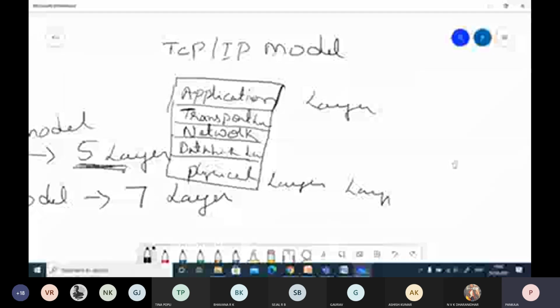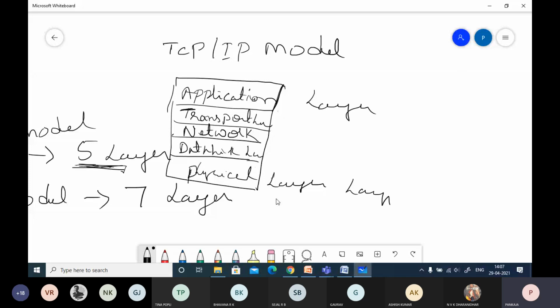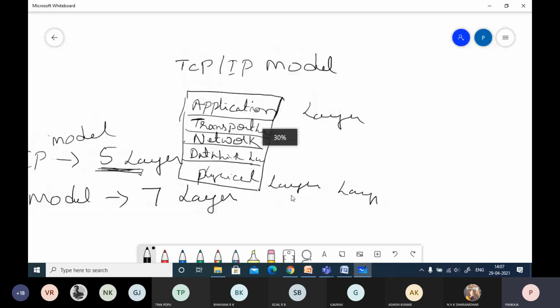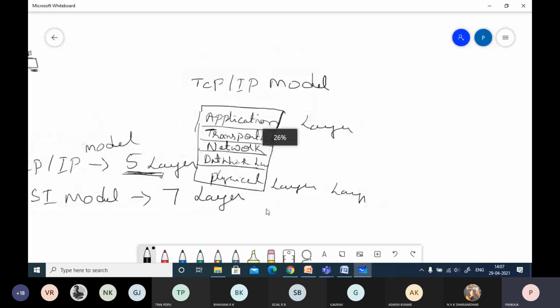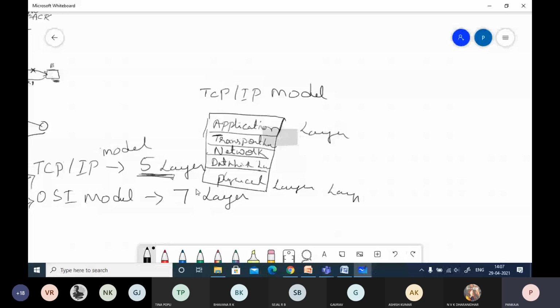How is the data represented at the physical layer? Is it clear, everyone? What are the layers in the TCP/IP model and also the OSI model? Let me write here. Just note down this important point.